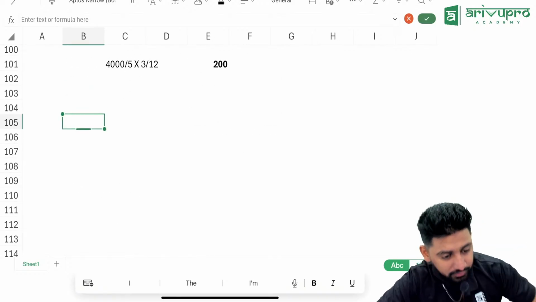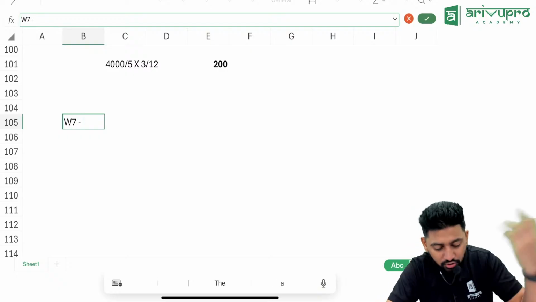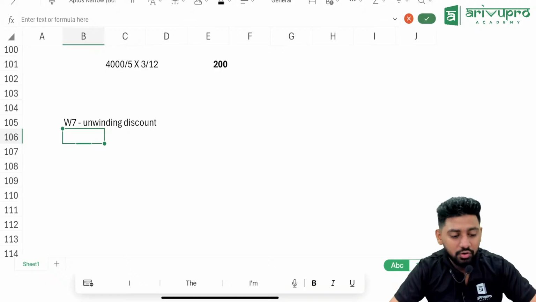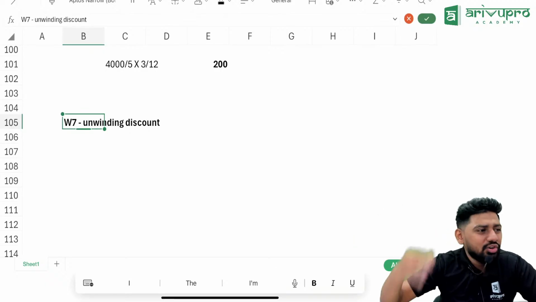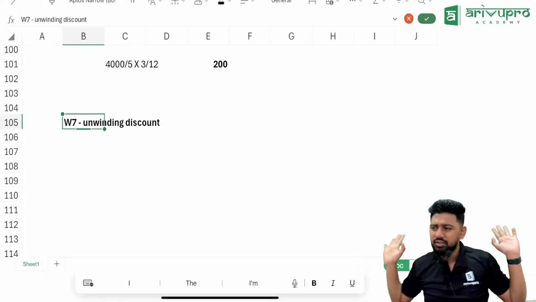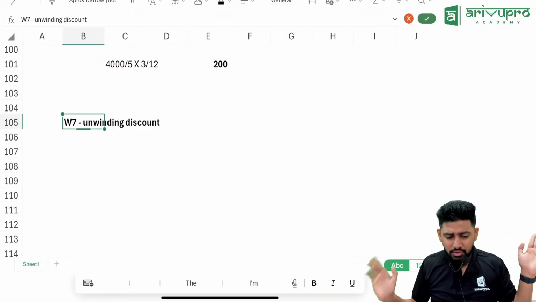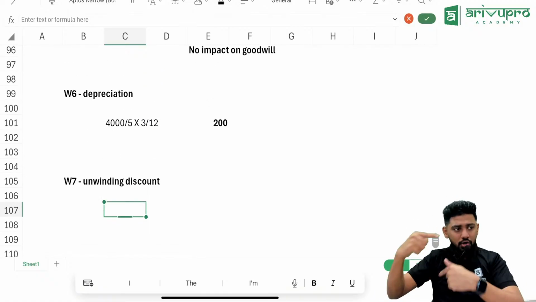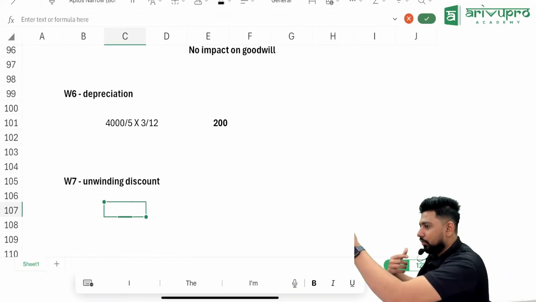So working number 7, finance cost, or you can also call it unwinding discount. Your examiner can call it unwinding discount. Finance cost, interest, unwinding discount, cost of capital, all those are same. Don't worry about the exam. So basically what is happening, your asset value is 4,000. You're going to release the discount over a period of time.